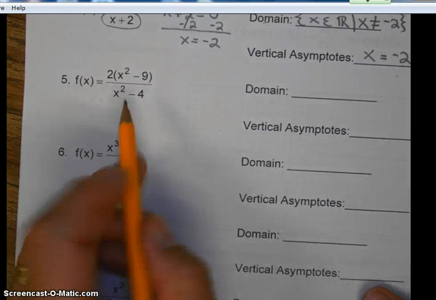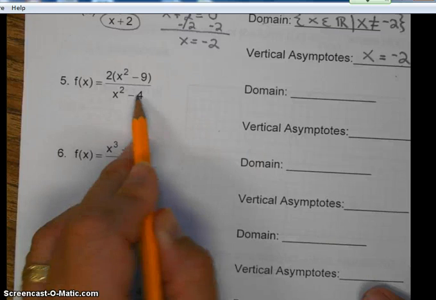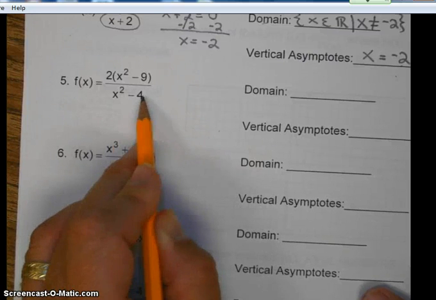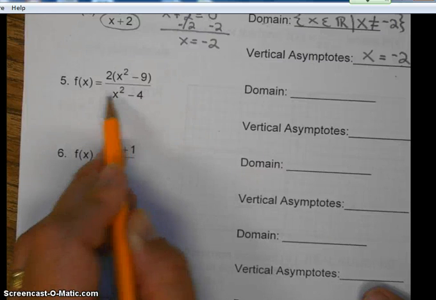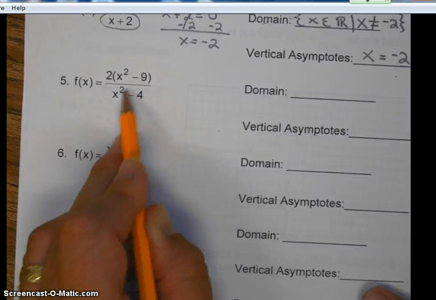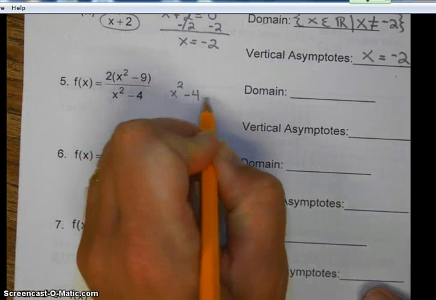Now in number 5, we can go ahead and set that equal to 0 and then solve for x. We can do that, no problem. Or we could factor it out and set each factor equal to 0. But since there's no middle term, there's nothing that prevents us from just solving it.